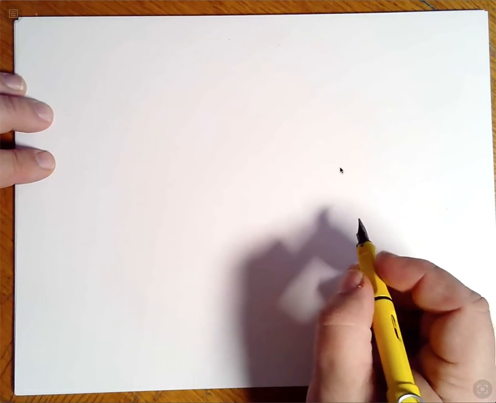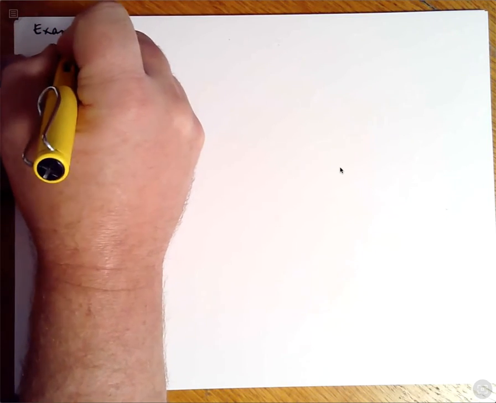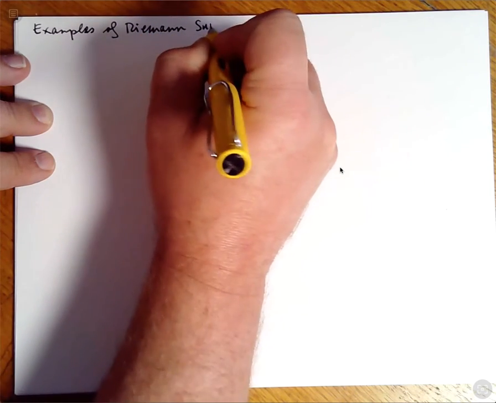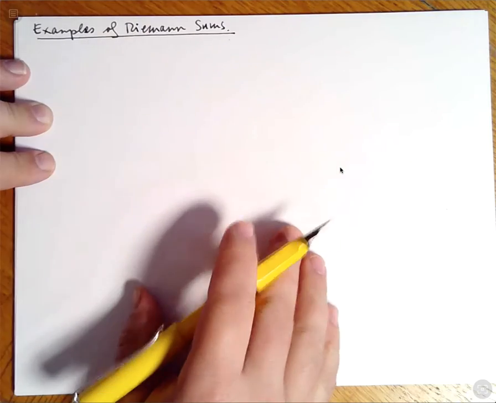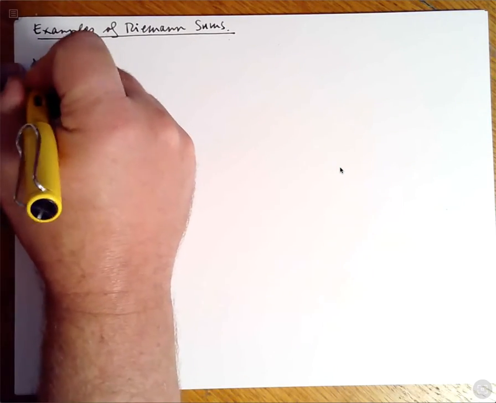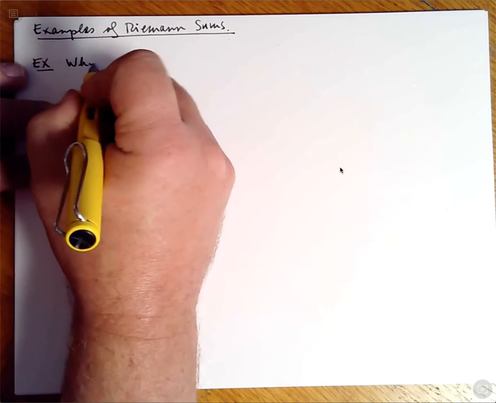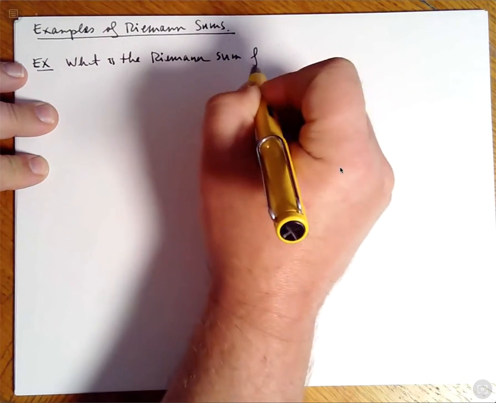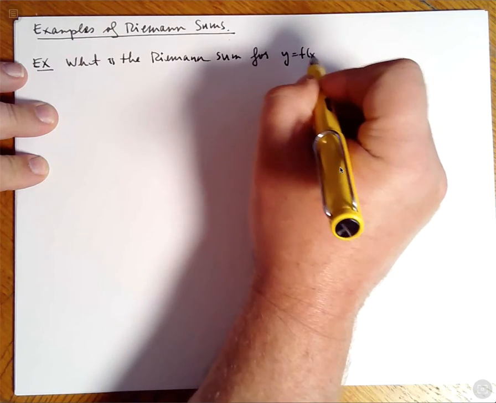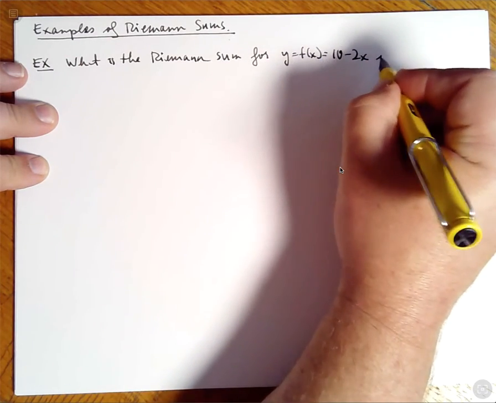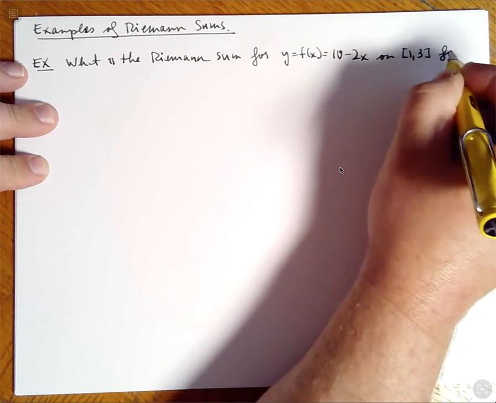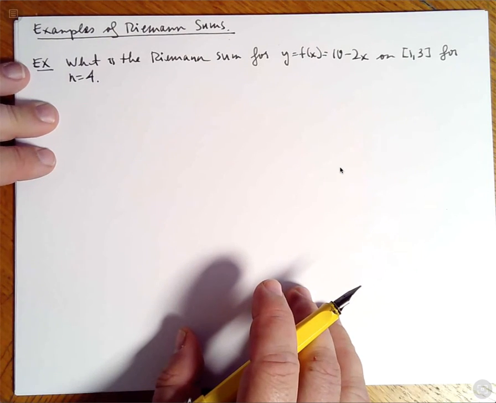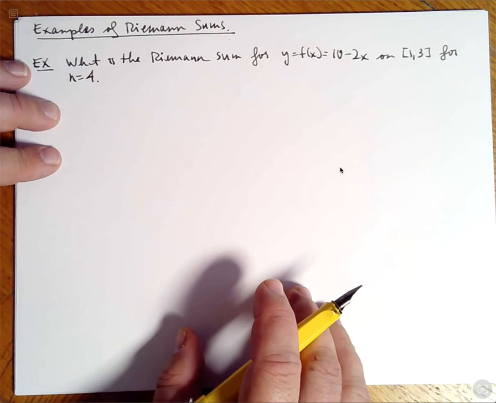Let's do a couple examples of Riemann sums. What's the Riemann sum for the function f of x equals 10 minus 2x on the interval from 1 to 3 for n equals 4?